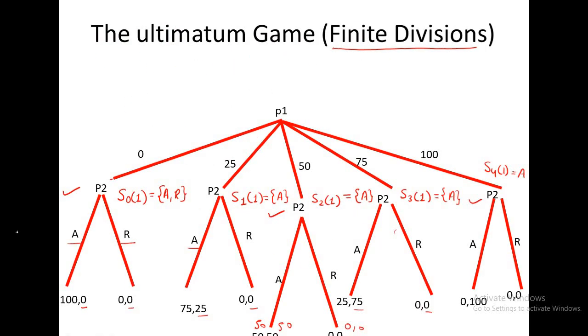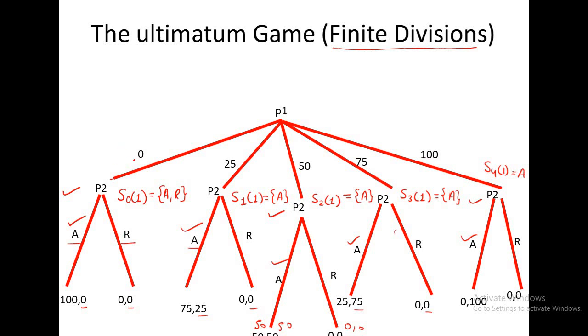If you see the first strategy, that is accepting every offer. Accepting every offer means accept, accept, accept, accept, accept. He is accepting every offer.